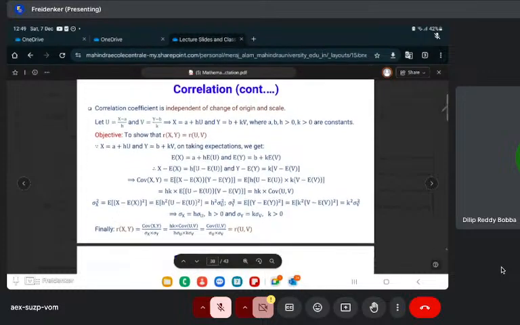So, properties of correlation. Independent of change of scale and origin. Interesting. So correlation of A plus H u and B plus K v turned out to be HK covariance of u and v.